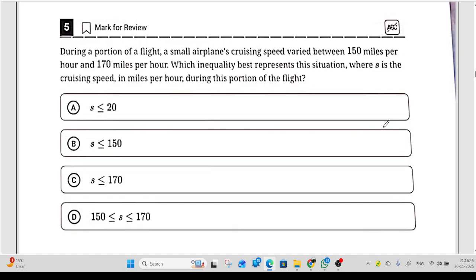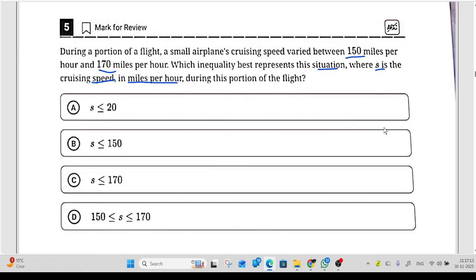So we have this question which says: during a portion of a flight, a small airplane's cruising speed varied between 150 miles per hour and 170. Which inequality best represents the situation where s is speed in miles per hour during the portion of the flight?